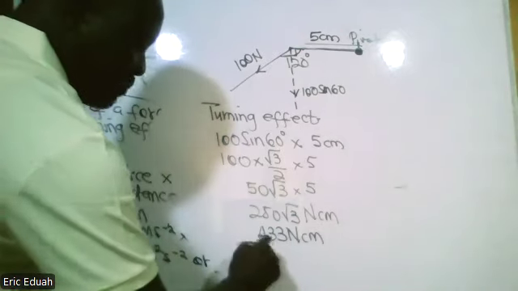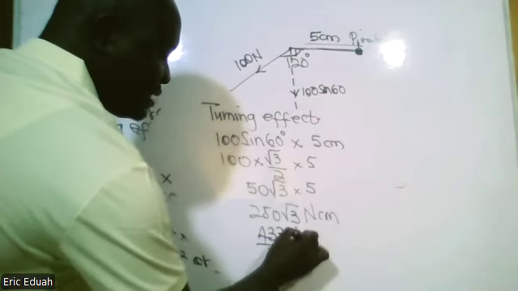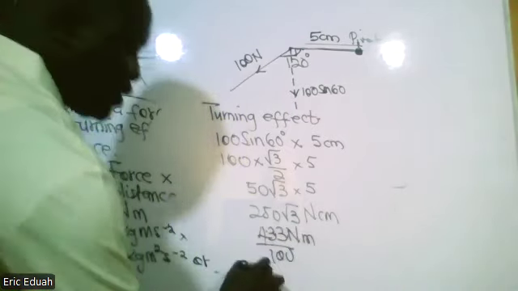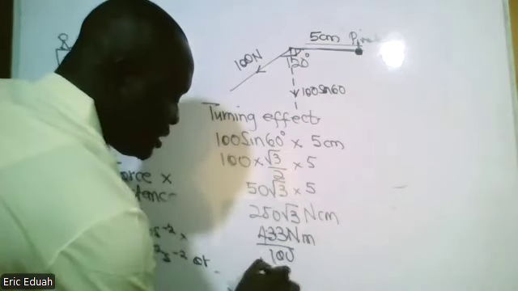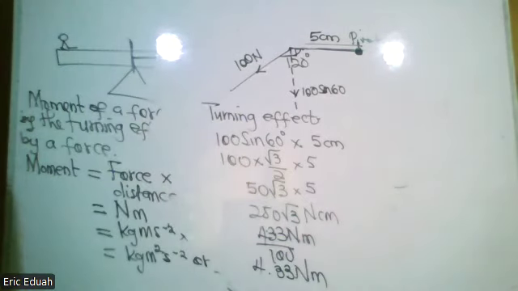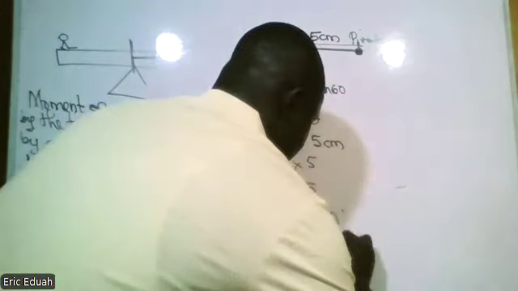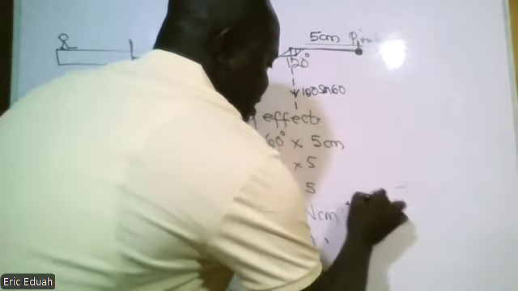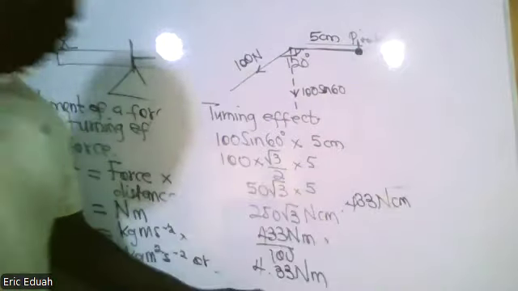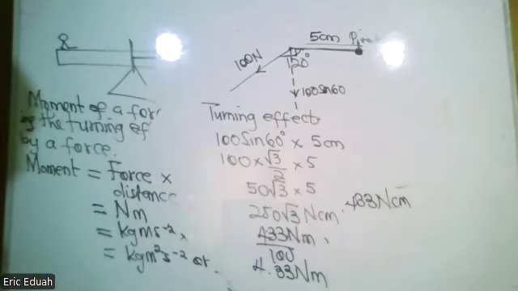Or 433 divided by 100 changes this from centimeter to meter. So 4.33 Newton meter. So these are the two possible answers. Either 433 Newton centimeter or 4.33 Newton meter. Please, is that okay? Yes, sir.